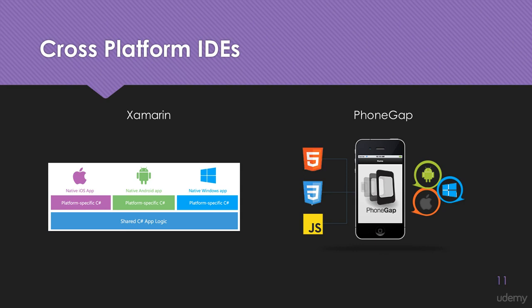You build the app in HTML5, CSS, and JavaScript, which is basically web technologies, and PhoneGap packages these and makes it into an app that runs on Apple's iOS, on Android, and Windows Phone. So you're not limited to what Apple and Google give you to develop apps for the iOS and Android platforms. You can use some of these cross-platform IDEs as well.